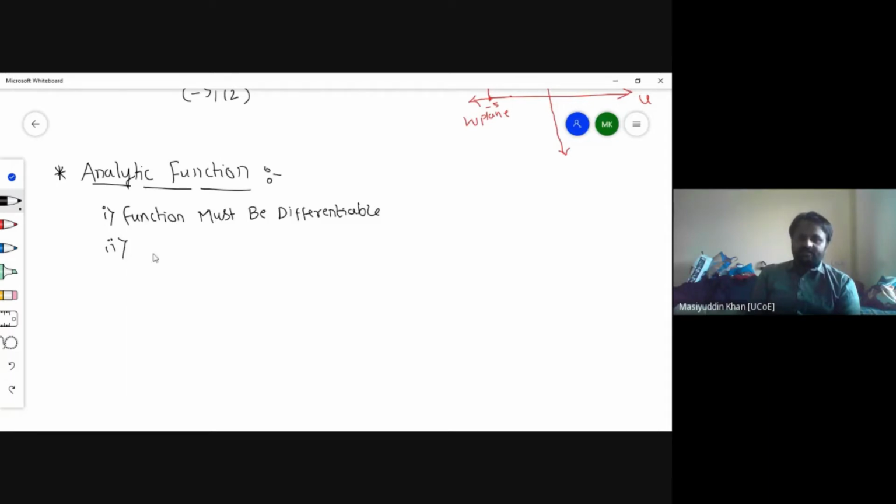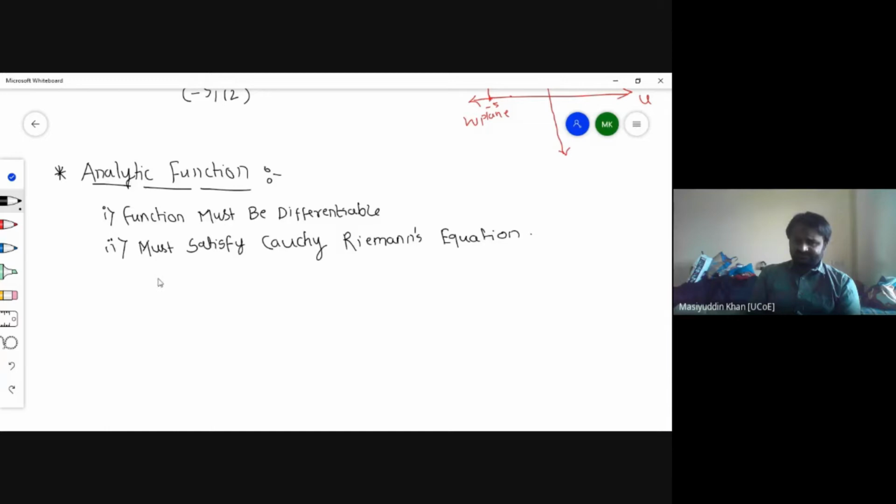Second, it must satisfy the CR equation, that is known as the Cauchy-Riemann equation. Now, just going to simplify this part. What is the Cauchy-Riemann equation?